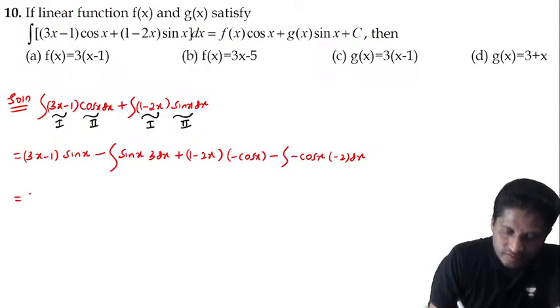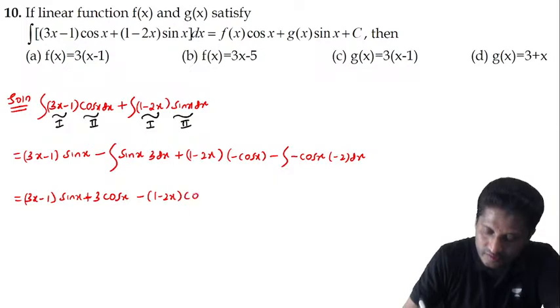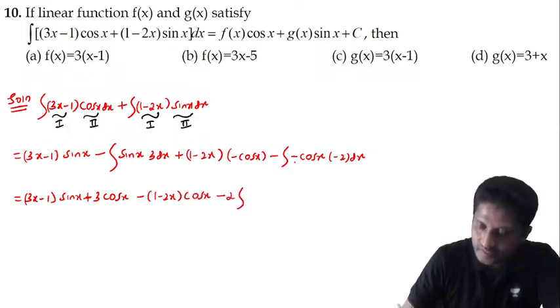So this is equal to 3x minus 1 into sin x minus 3 times the integration of sine, which is minus cos, so this becomes plus cos. Minus of 1 minus 2x into cos x. This is minus 2 into this, minus and minus will be plus.